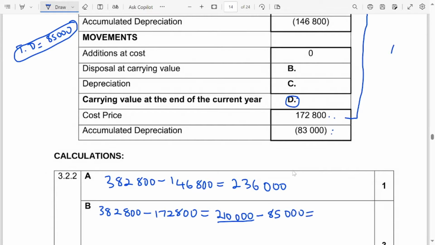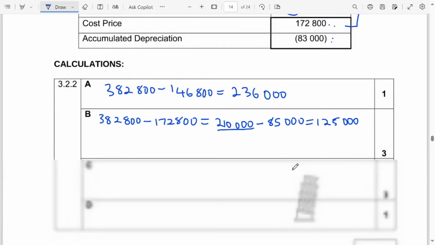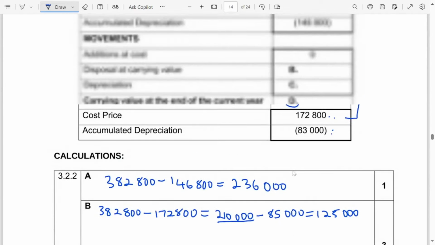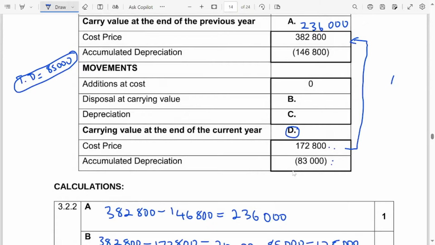So that is going to be 210,000 minus 85,000. That is going to be 125,000. Then we are looking for letter C, which is the depreciation.